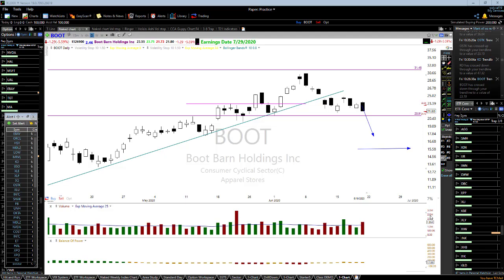Debit spread, remember, Lauren, the credit spread is we have a directional assumption, but it's just kind of wishy-washy. We're getting away from price. Remember, both sides of the credit spread are out of the money. If you follow my rules, they're out of the money.